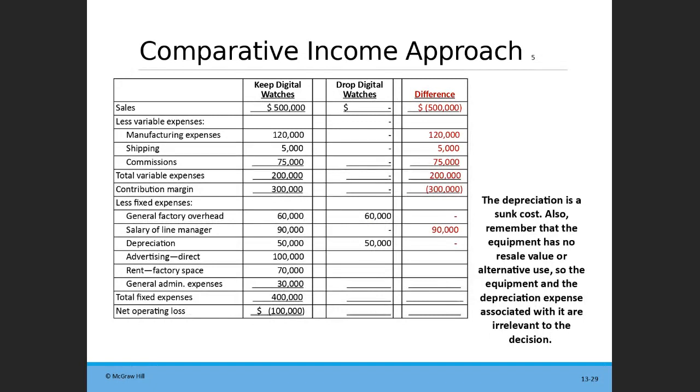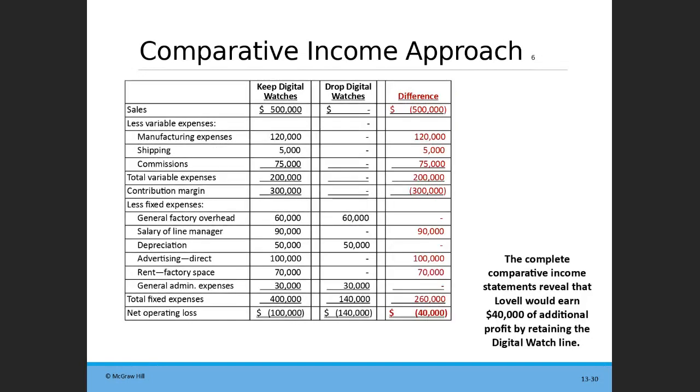Depreciation and the like are irrelevant to the decision. And of course, if you drop the digital watches, that's going over to the factory. So our total fixed expenses are 140, and the expenses that will go away are 90, 170.